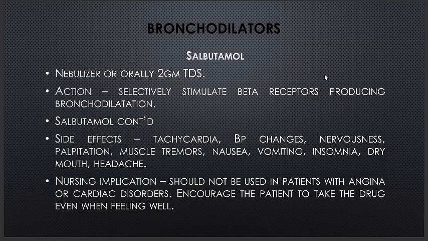The mechanism of action is that they selectively stimulate beta receptors producing bronchodilation. So what these drugs do is they are going to stimulate the beta receptors in the walls of the bronchi or the airway, therefore produce bronchodilation.